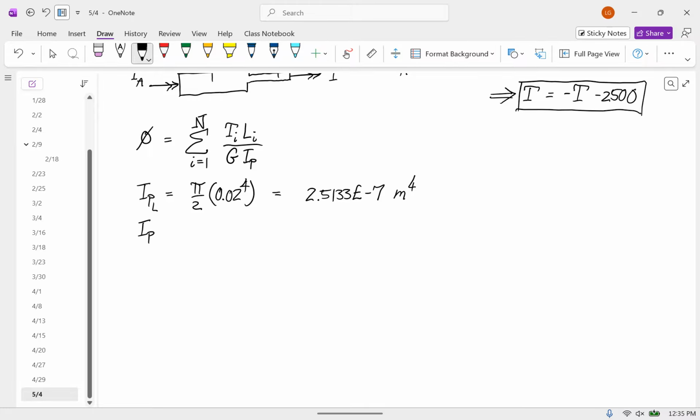Okay, so the polar moment of inertia for the right part is pi over 2 times 0.01 to the 4th. And so that is 1.5708 times 10 to the minus 8.